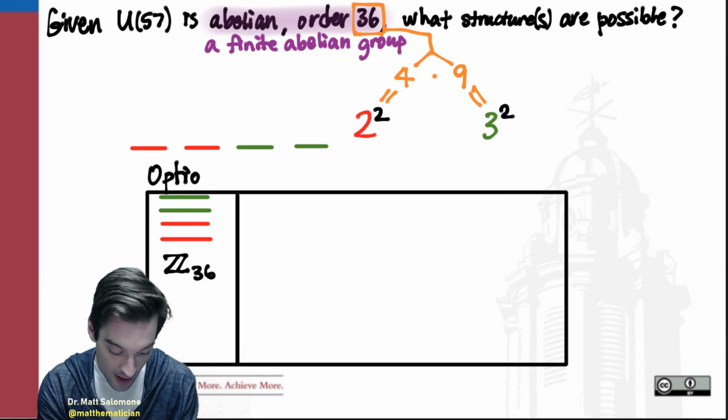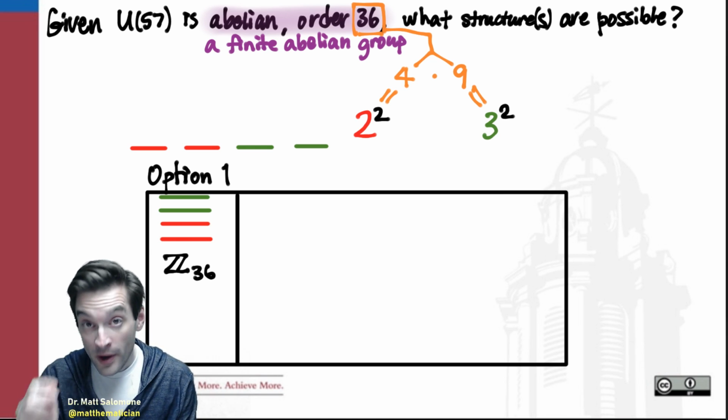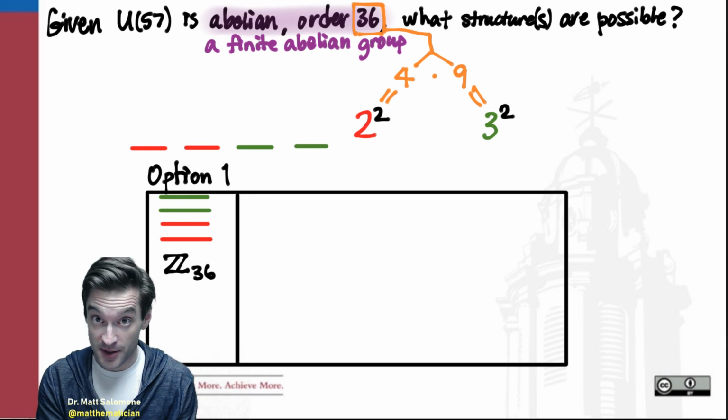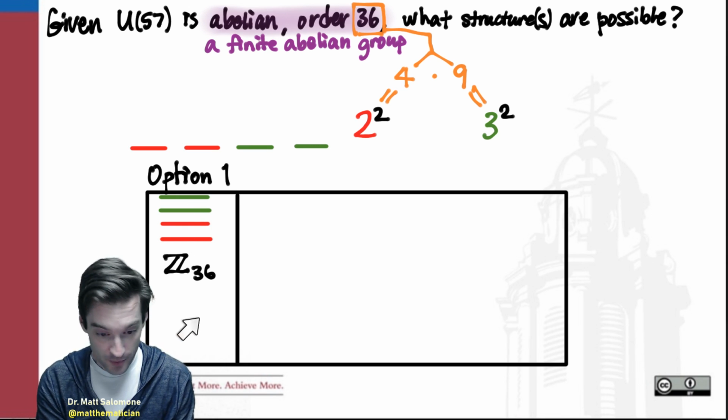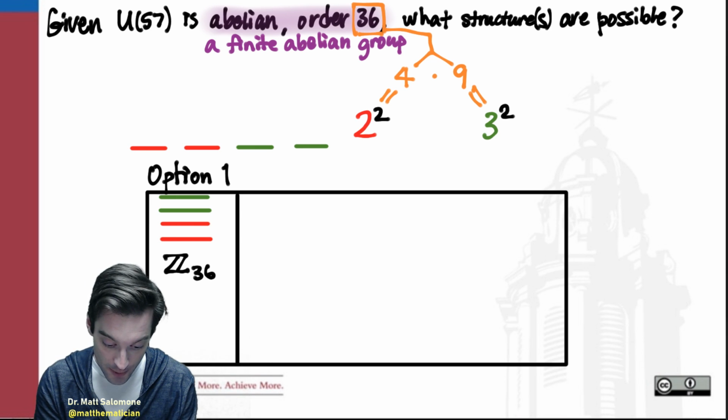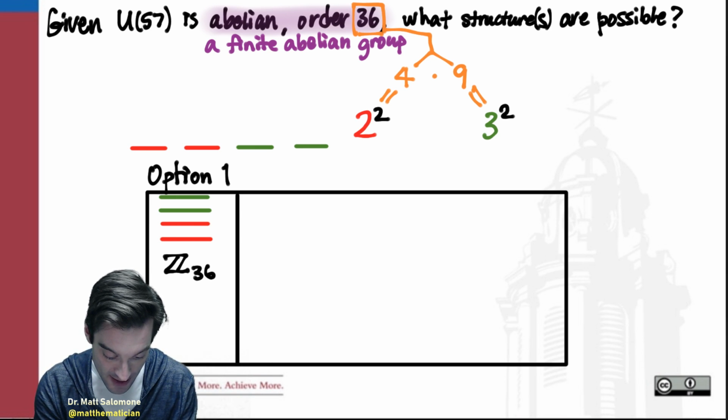And to find the other options, I want to try and rearrange these chips in ways that I know are going to give me a distinct group to Z36. So any move which is legal in terms of our stack it rules of the game is not going to give me a different group. It's going to give me the same group up to isomorphism. So for example, if I were to take both of these green chips and unstack them from the red chips, I would get what looks like a different group. But because that's a legal stack it move, I know that that group is going to be isomorphic to the group that we started with.